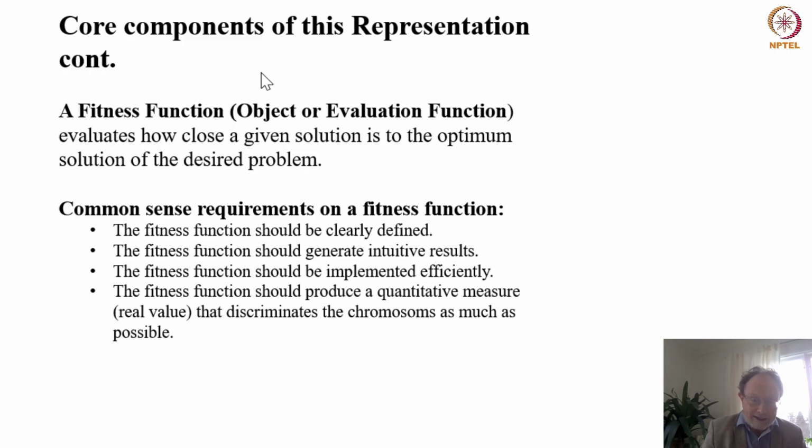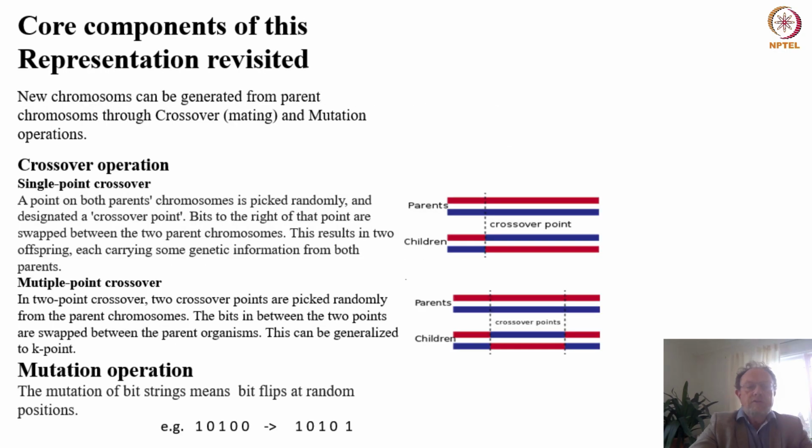And syntactically, it's supposed to produce a quantitative measure, a real value, that can discriminate the chromosomes as much as possible. So it was mentioned earlier that in the production of new chromosomes from parent chromosomes, there are a few key operations involved.